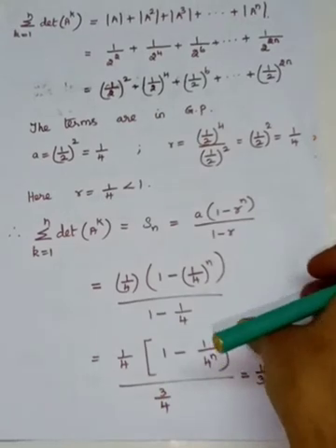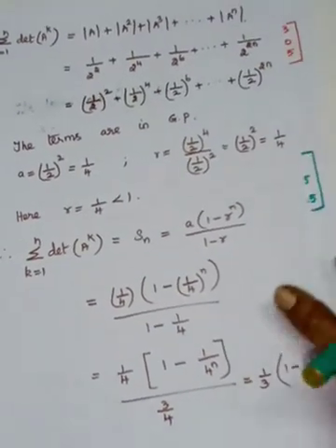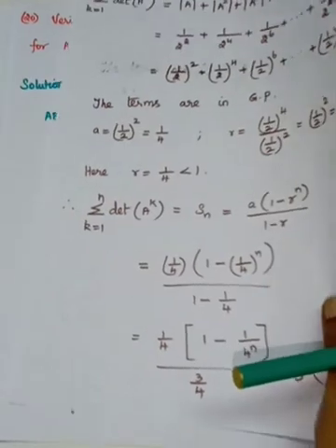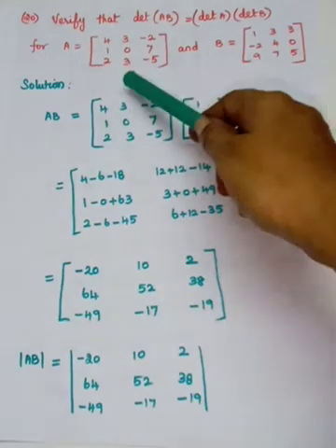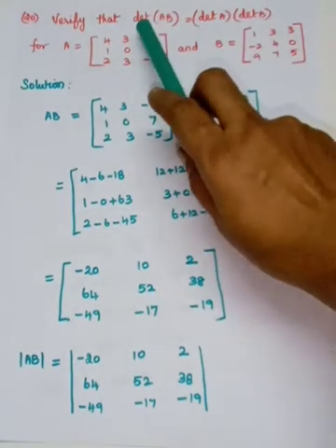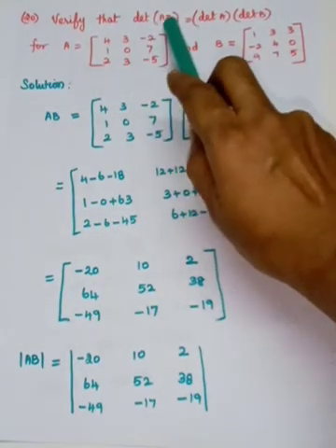Next one, we are moving to problem number 20. That is, verify that determinant AB is equal to determinant A into determinant B for the two matrices A and B. Okay, here the first term on the left hand side is determinant AB.